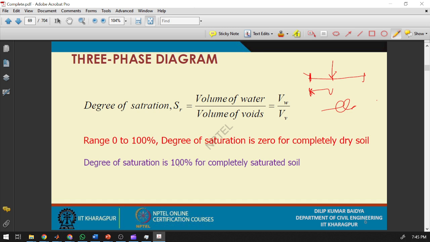It ranges from 0 to 100%. Degree of saturation is 0 for completely dry and 100% for completely saturated, which means that the volume of voids is equivalent to the volume of water.